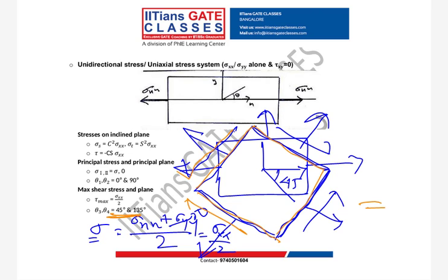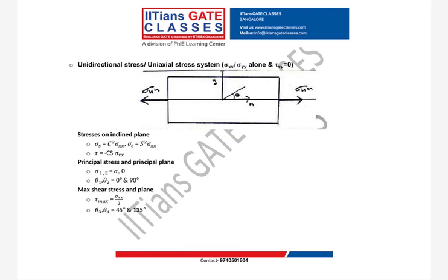Okay. Now here, tell me first, what will be my tau? Tau is minus Cs sigma xx, right? Now substitute theta equal to 45 and find out this tau value.